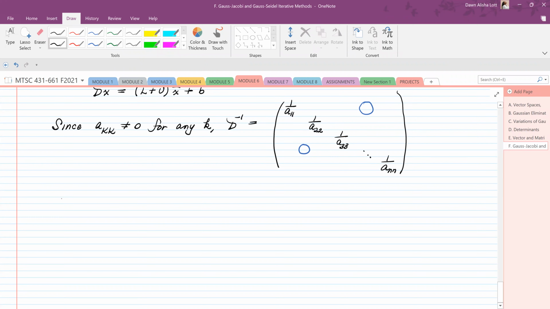So X equals D inverse times L plus U times X plus B.